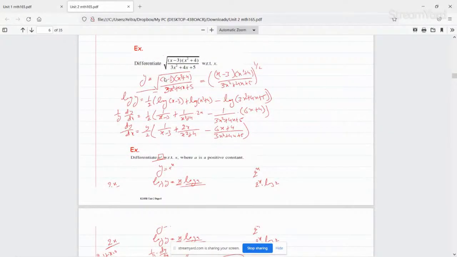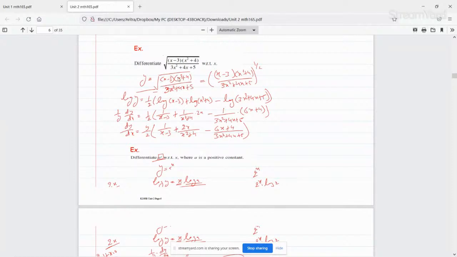Differentiate root over x minus 3 into x square plus 4 divided by 3x square plus 4x plus 5. So first you have to apply log on both the sides. So just see here, log y is equal to log of root over this entire value. So what is root over? It is basically to the power half. So half will come in front, and then you have to break it using the properties of log.